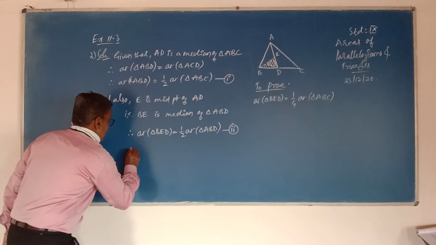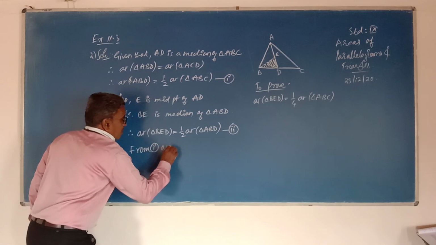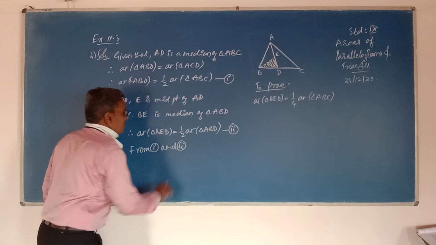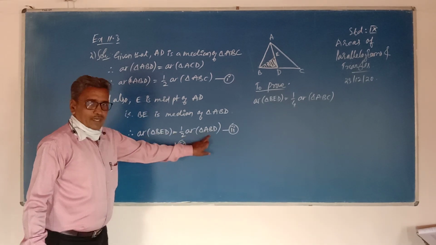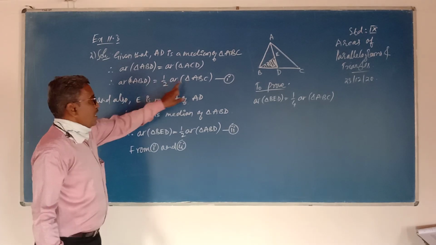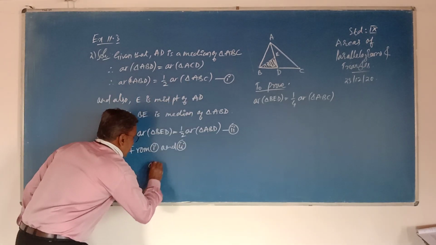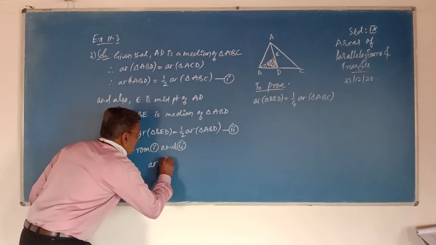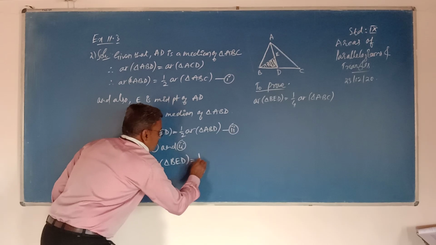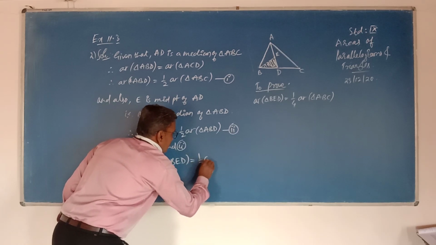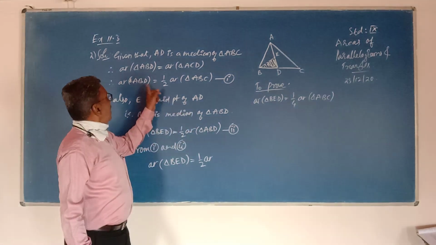Yes, from 1 and 2, what can we understand here? BED is half of ABD, and ABD is half of ABC. Area of triangle BED is equal to half of area of ABD, and ABD is half of ABC.